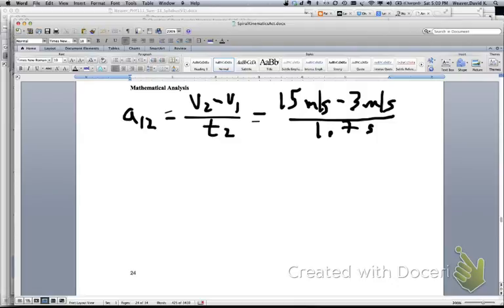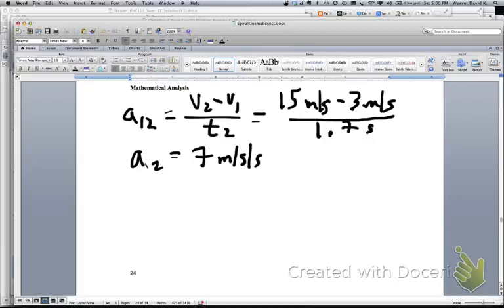So 12 meters per second divided by 1.7 seconds would be, let's call it, 7 and a little bit of change. The units, of course, are meters per second per second. So now we have everything between event 1 and event 2.